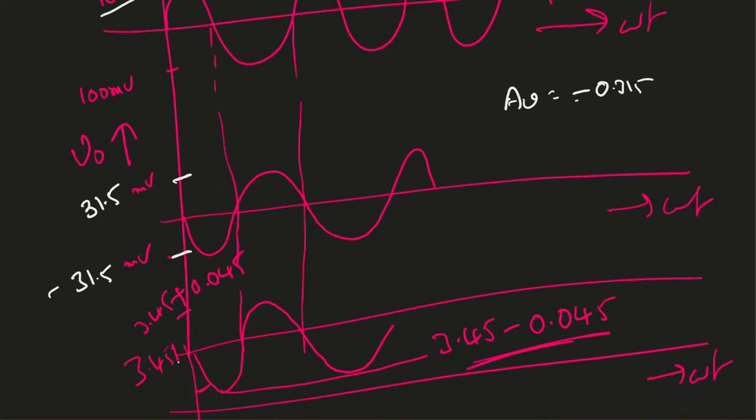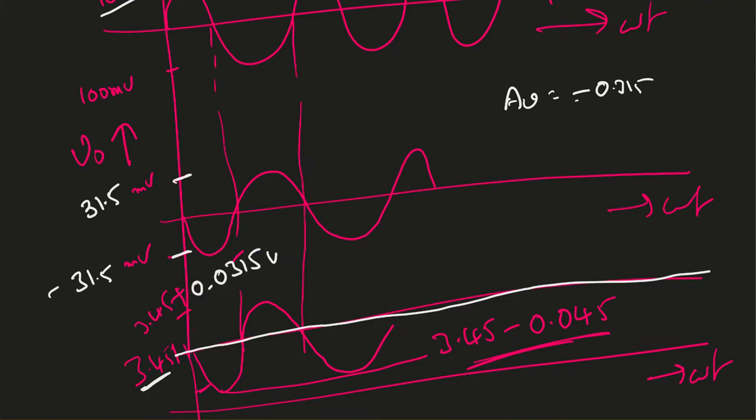Now, if we use the DC voltage, the output is connected to the drain. The drain voltage we found is 3.45 volt. So 3.45 plus 31.5 millivolt, and if I convert it into volt, it's 0.0315.